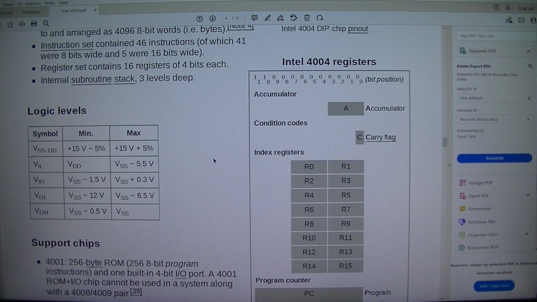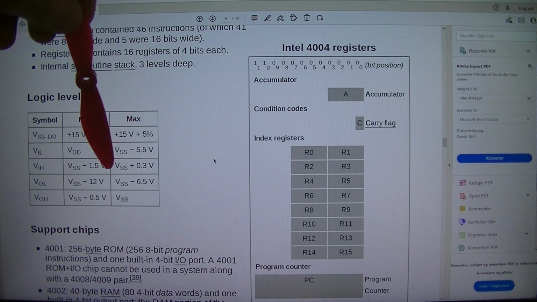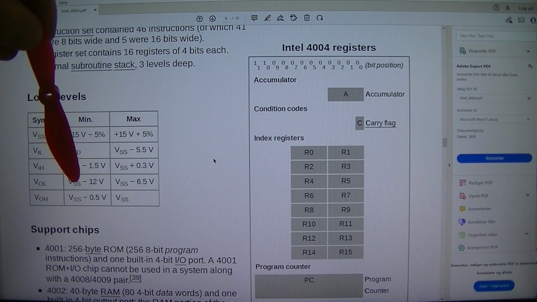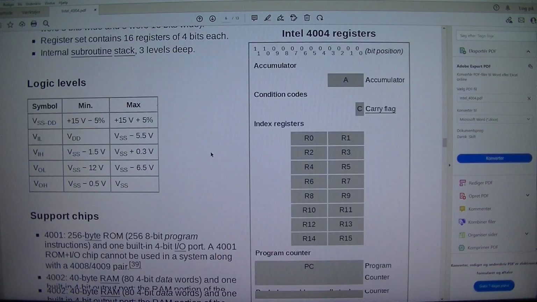Internal subroutine stack, 3 levels deep. Logic levels.